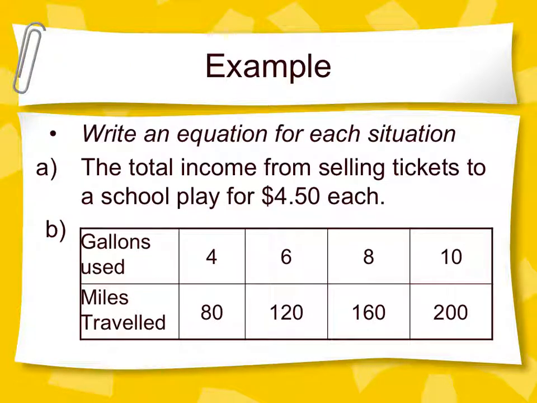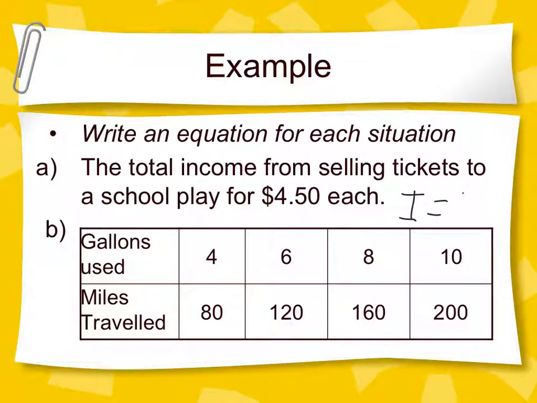So if we're asked to write an equation, obviously we're looking for an equal sign with it. So we're going to pair our expressions together and join them with an equal sign. So if you were trying to find the income, we could maybe let the income be I. And how do we get that income?